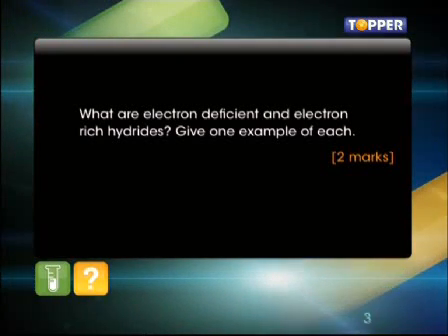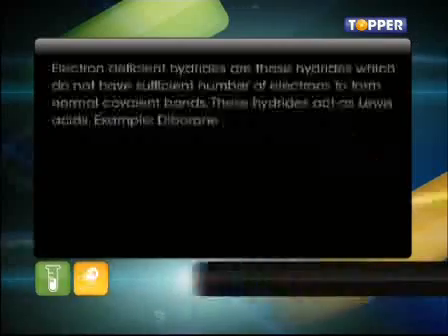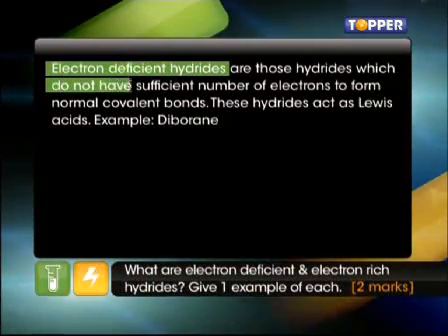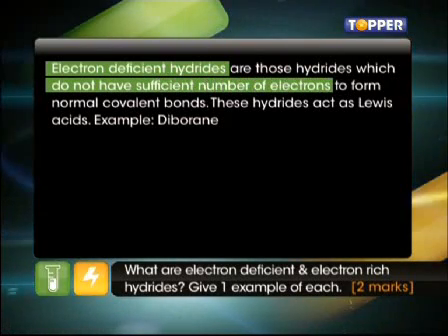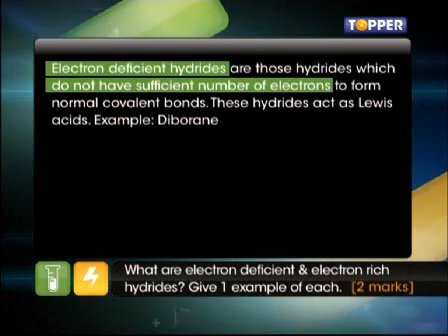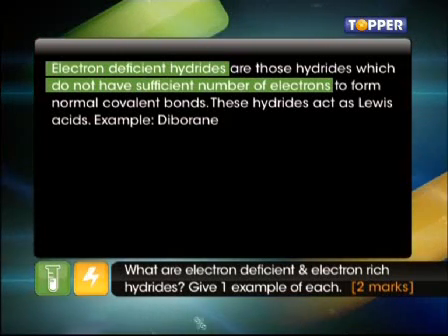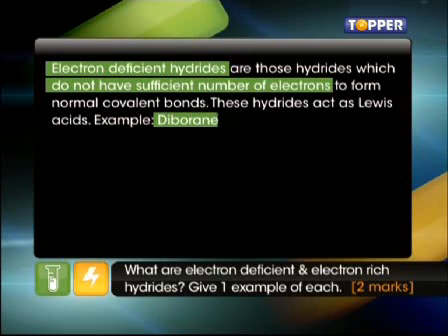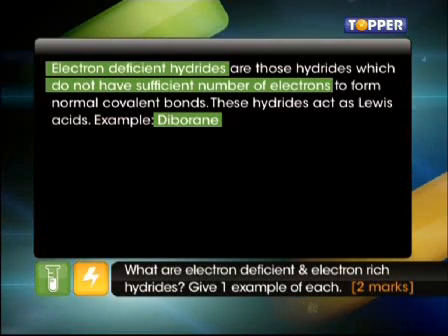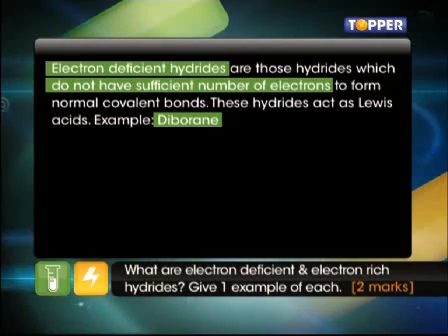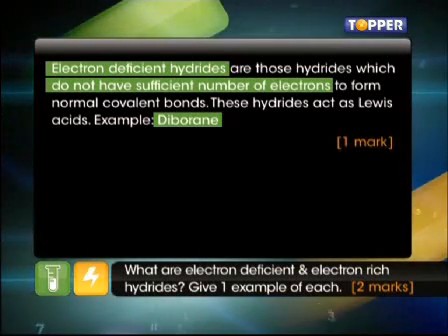To get full marks, you must write: electron deficient hydrides are those hydrides which do not have sufficient number of electrons to form normal covalent bonds. These hydrides act as Lewis acids. Example, diborane. Writing the correct definition of electron deficient hydrides along with example will fetch you 1 mark.